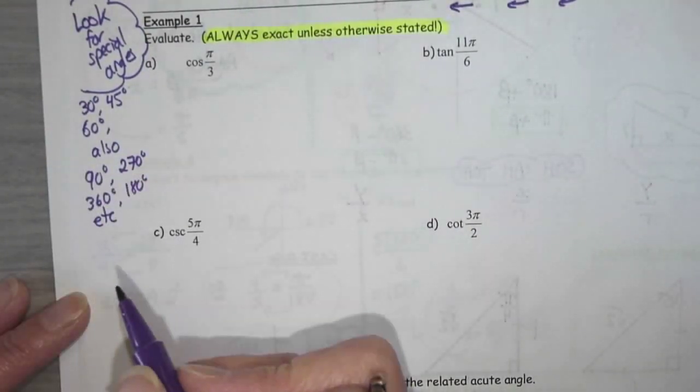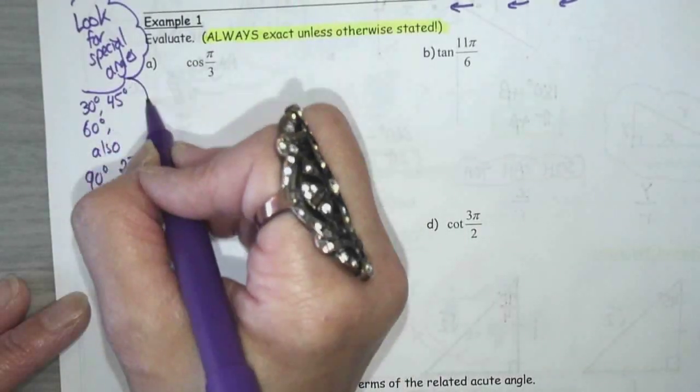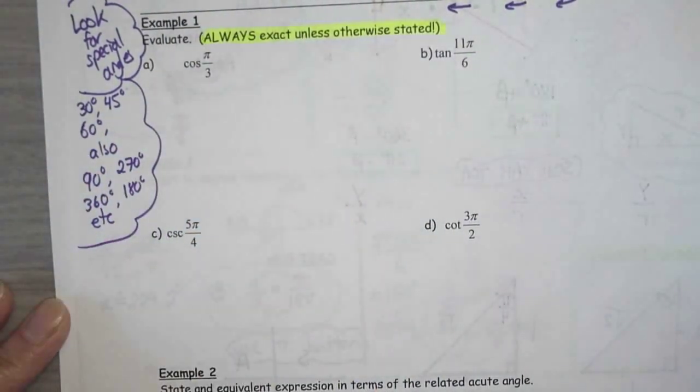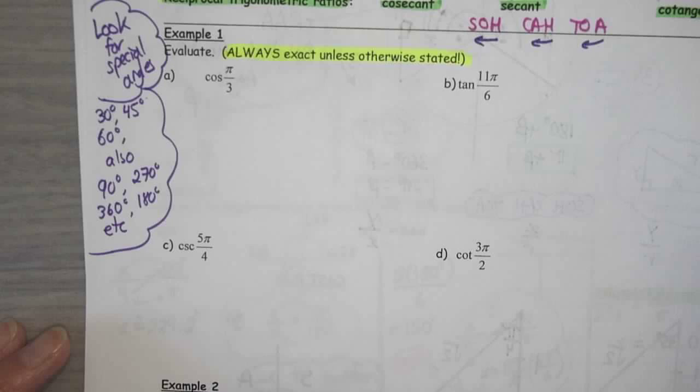And then any combination of that, 180 plus the 30, 60, 45. So that's why I put etc. So we're doing any combination of 180 and the 60, 180 plus the 45, those combinations. Those are all considered special or combinations of the special, which are still special.